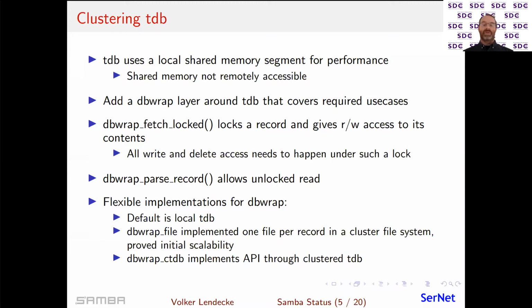I mean, you have RDMA, but that's not really easily remotely accessible. It also needs special APIs and specialized hardware. If all you have is an IP network between your nodes in a cluster, shared memory is not remotely accessible. So what did we do?